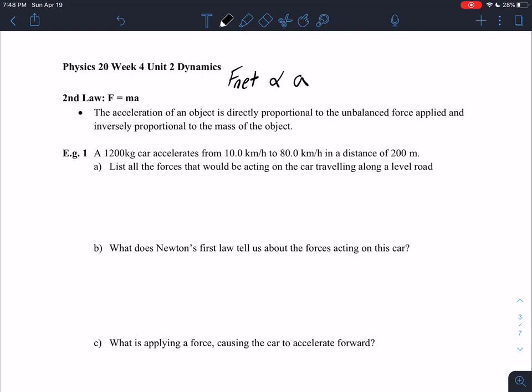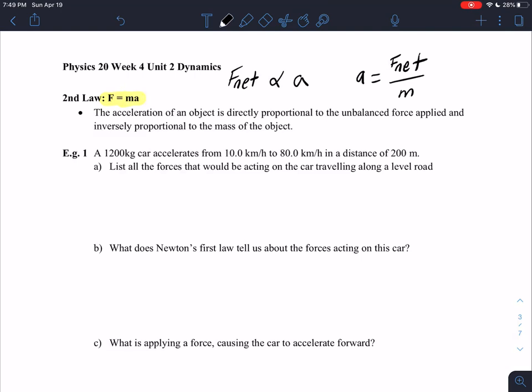Newton, in his book, actually described this law as acceleration being a property that is proportional to our net force, so our unbalanced force, and inversely proportional to an object's mass.